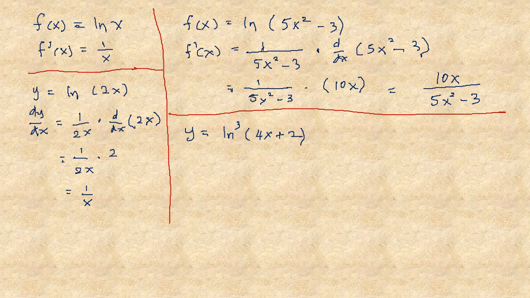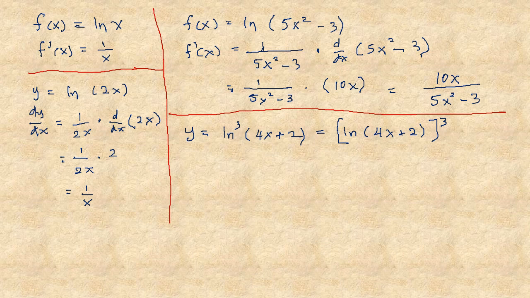Alright, now we have function ln to the power of 3. The function is 4x plus 2. Please take note that this function we also can write as ln (4x plus 2) to the power of 3. So the power of 3 refers to the power of ln.